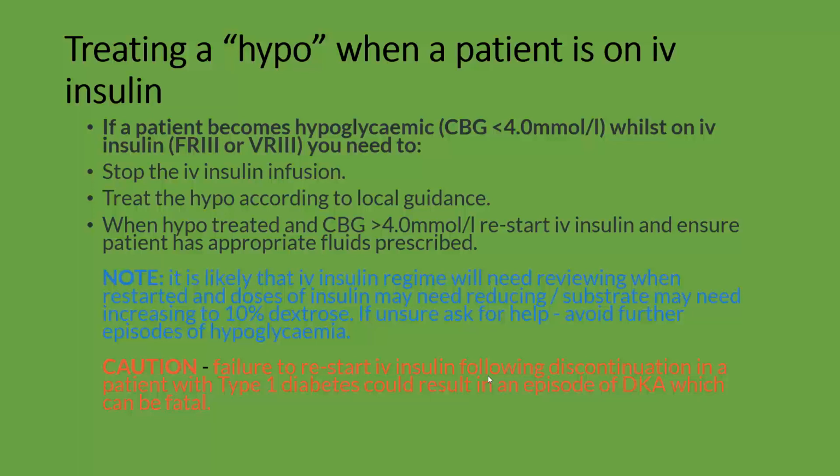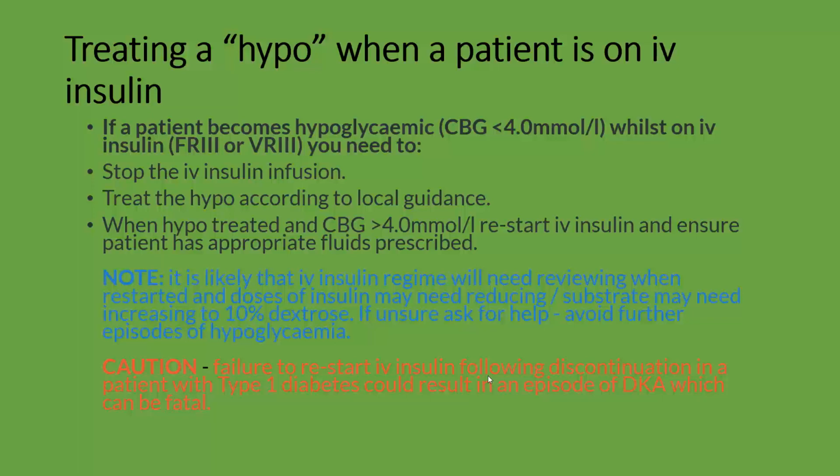And then treating hypos when a patient is on IV insulin. When you are on IV insulin, if you stop it, how long would it last in the system? It's about 5 minutes, but subcut insulin will last longer.